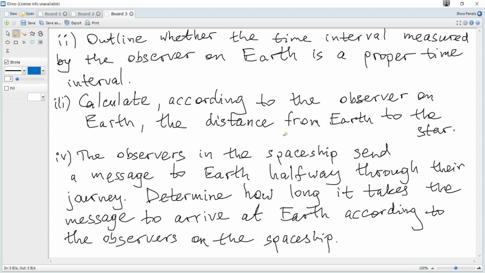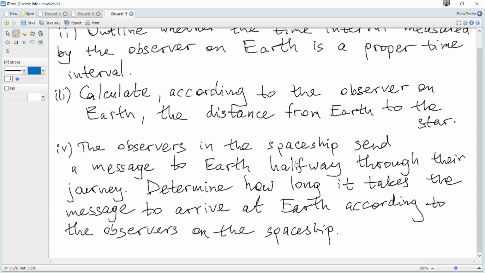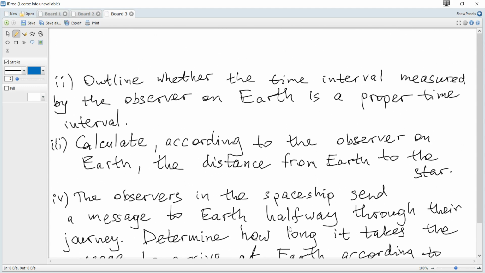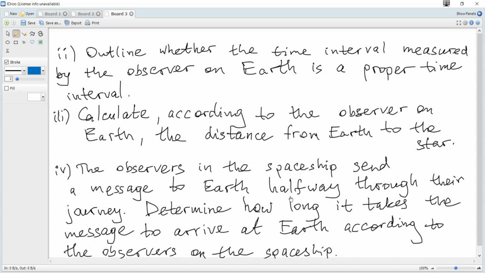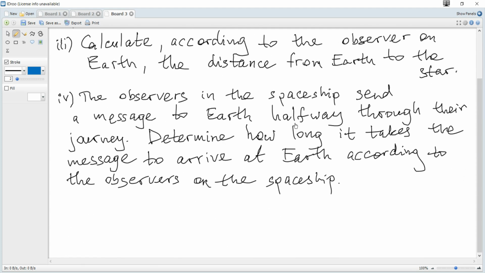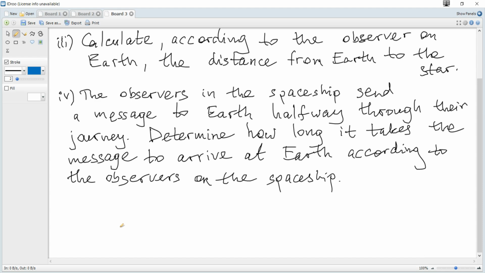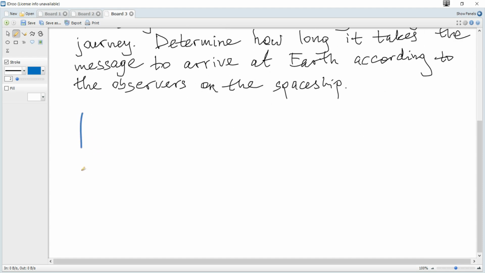Calculate, according to the observer on Earth, the distance from Earth to the star. What is distance? Distance is speed times time, and in the Earth reference frame, speed is 0.85 c, and the time required is 15 years.